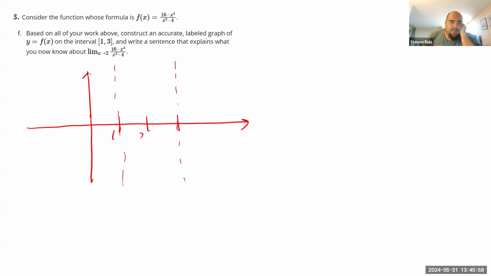But here's what I do know. I know that when x equals 2, most of what we've done in this problem is to think about what happens at and around x equals 2. So what do we know from previous work? We know that the limit as x approaches 2 of f of x equals -8. We also know that f of 2 doesn't exist.